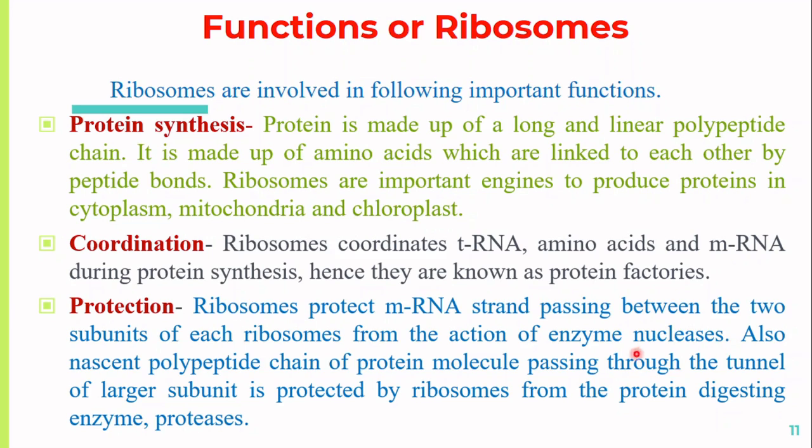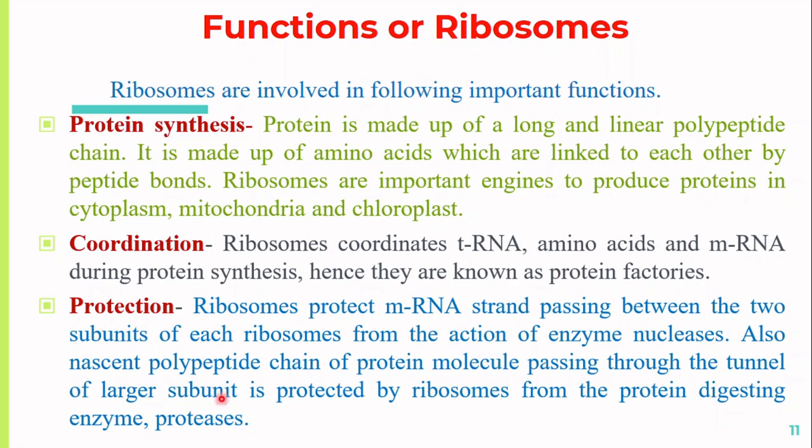So these nucleases present in the cell can break down mRNA, but ribosomes protect this mRNA by their two subunits from the enzyme nucleases, and it does not get broken down.